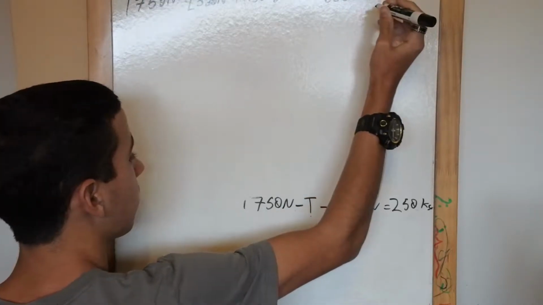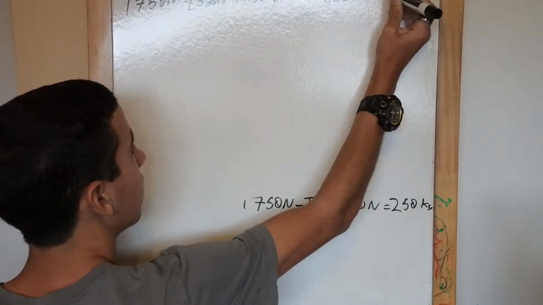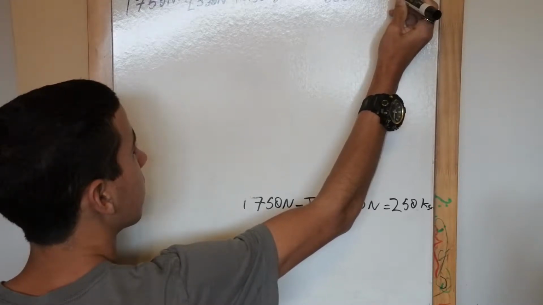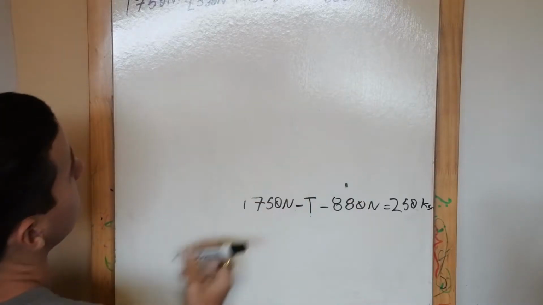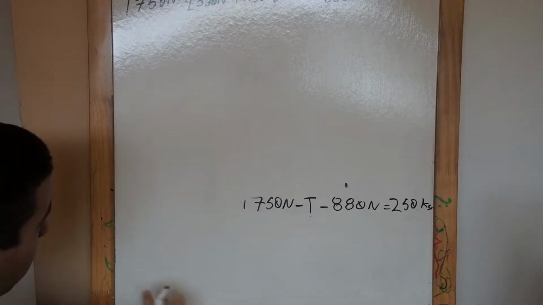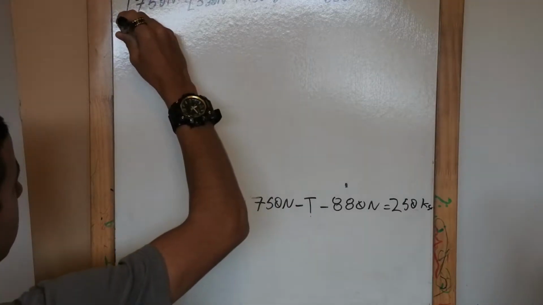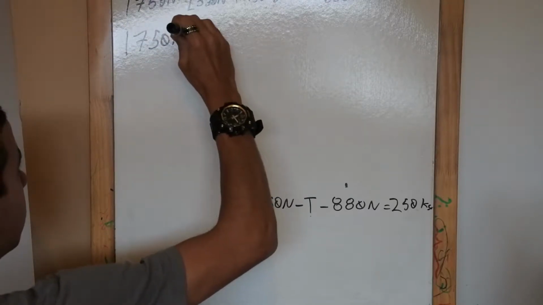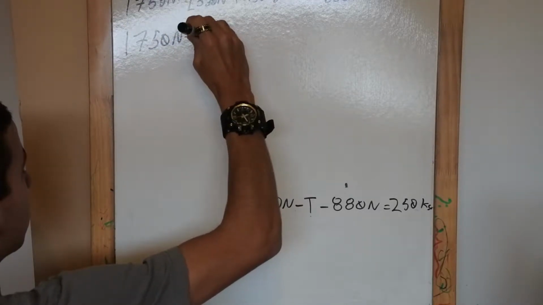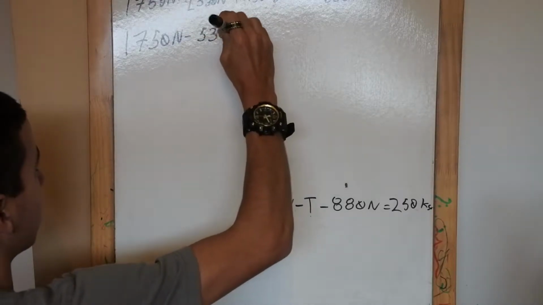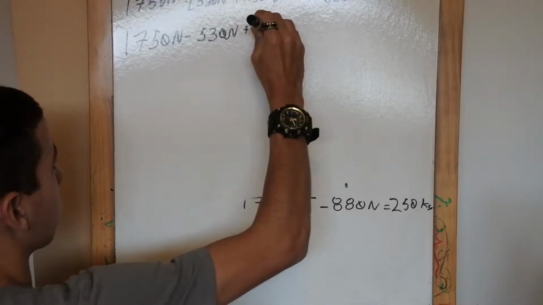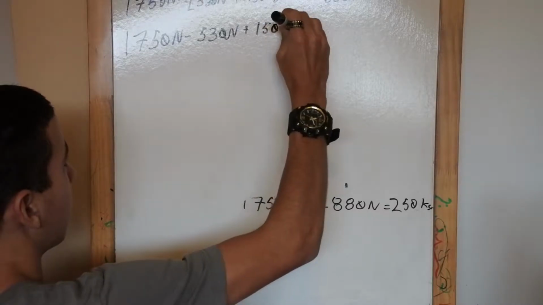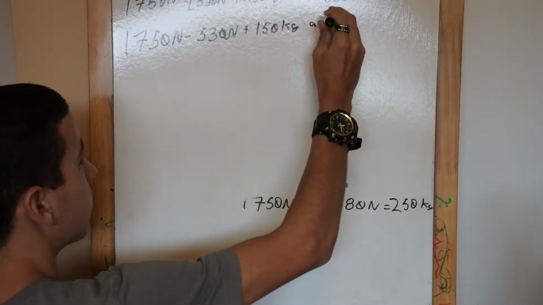Minus 880 newtons is equal to 250 kilograms times acceleration. So that's a big equation here. Let me make it a bit larger. So yeah, go ahead and write this down, and then I'm going to show you how to go through it.